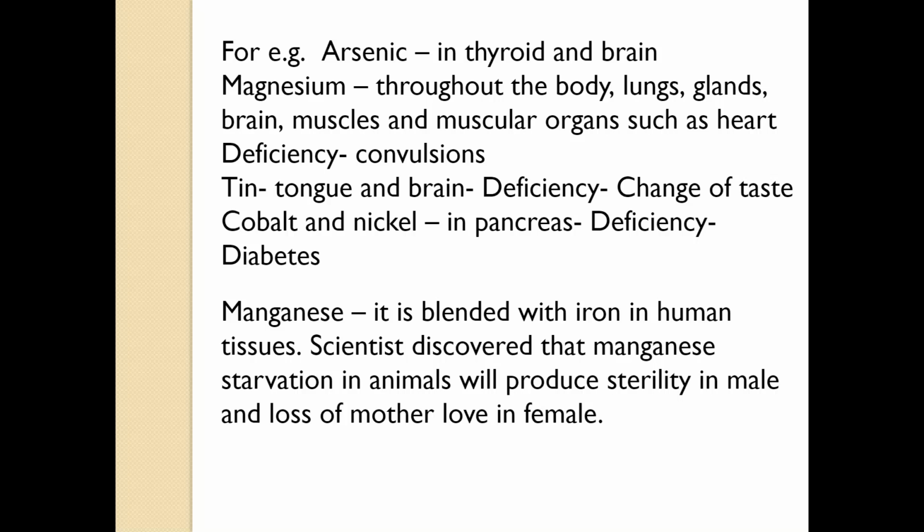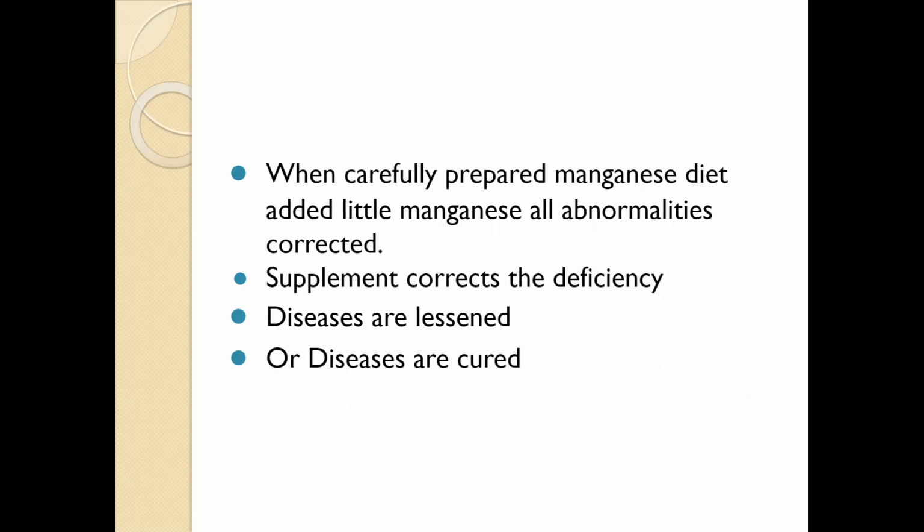Manganese is blended with iron in human tissues. Scientists discovered that manganese starvation in animals will produce sterility in males and loss of mother love in females. When a carefully prepared manganese diet is added, all the abnormalities are corrected.